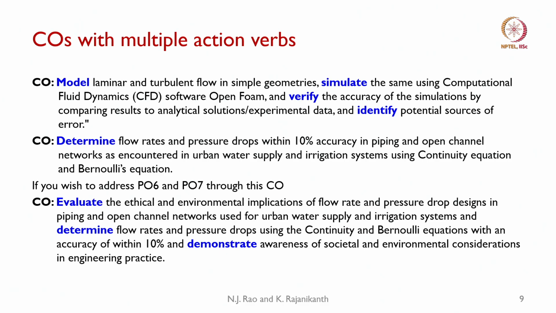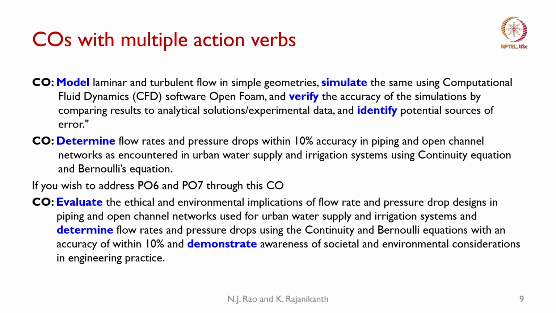Let's say I start with another CBO. Determine flow rates and pressure drops within 10% accuracy in piping and open channel networks as encountered in urban water supply and irrigation systems using continuity equation and Bernoulli's equation.